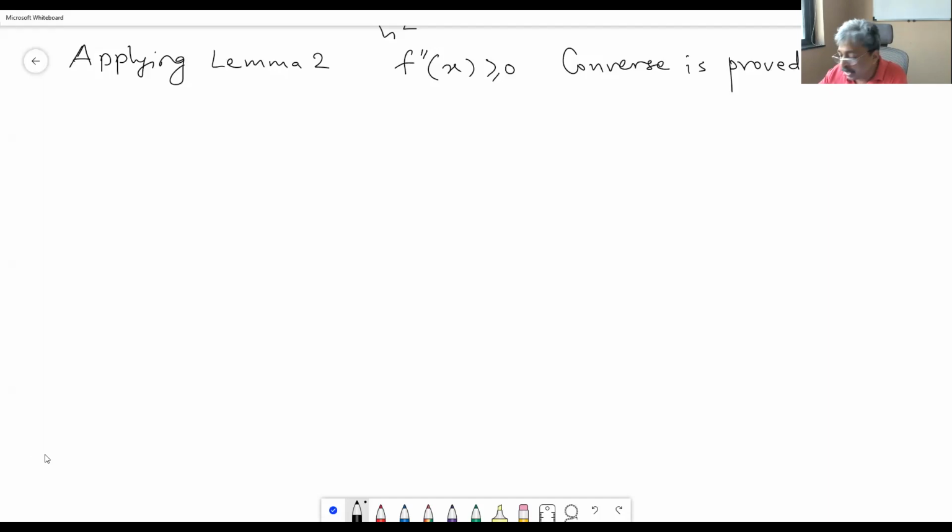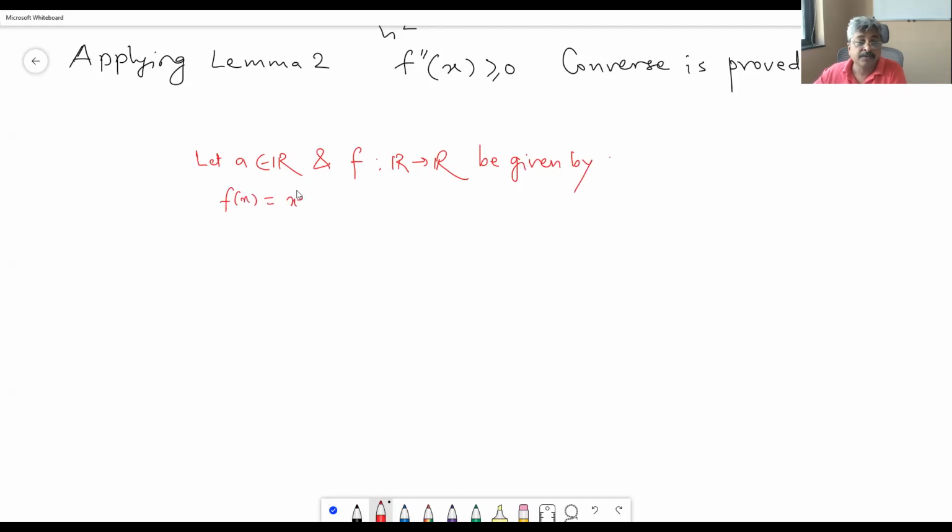Solve the following problem. Let a belong to R, and f is from R to R, be given by f of x is equal to x raised to 5 minus 5x plus a.